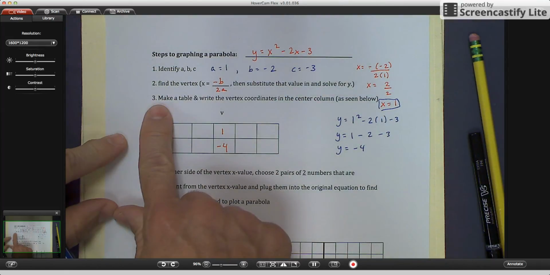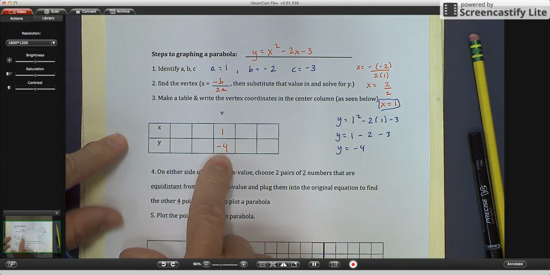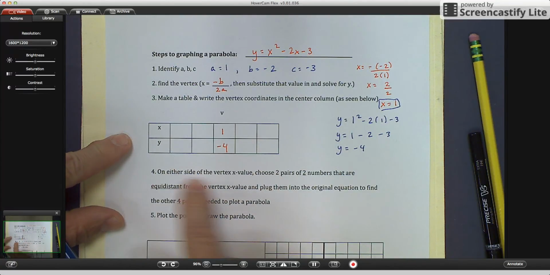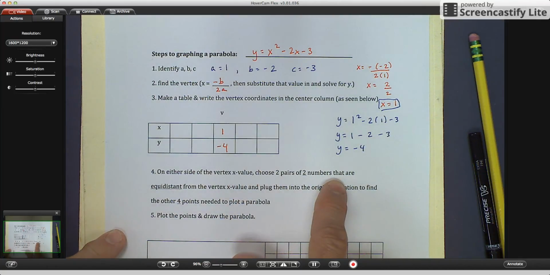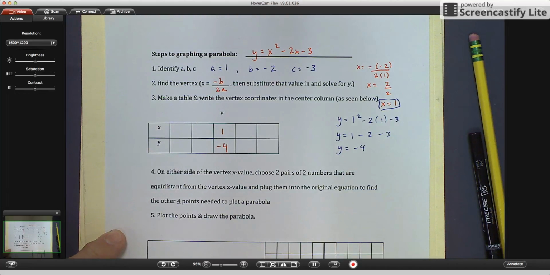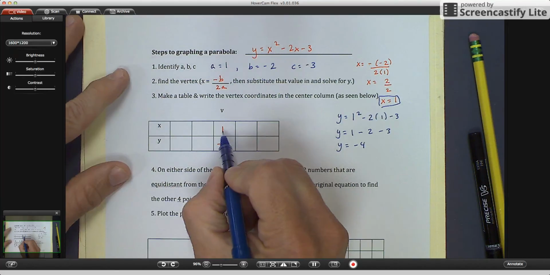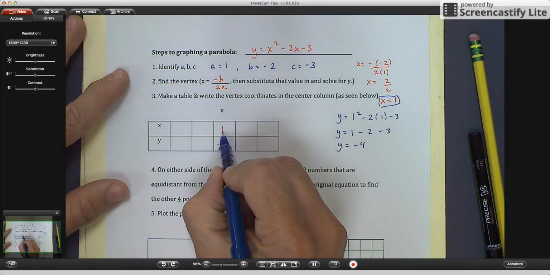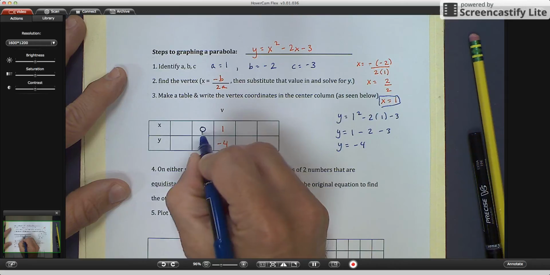So our vertex is 1 comma negative 4, the point. The third thing, it says make a table and write the vertex coordinates in the center column. We just did that. The fourth thing, on either side of the vertex x value, choose 2 pairs of 2 numbers that are equidistant from the vertex x value. In other words, I want to pick numbers that are the same distance away from 1. So I'm going to pick a 0 here. And a 0 is 1 unit away from 1.